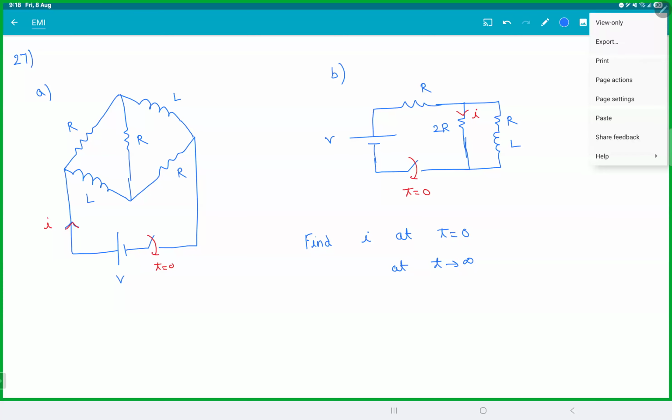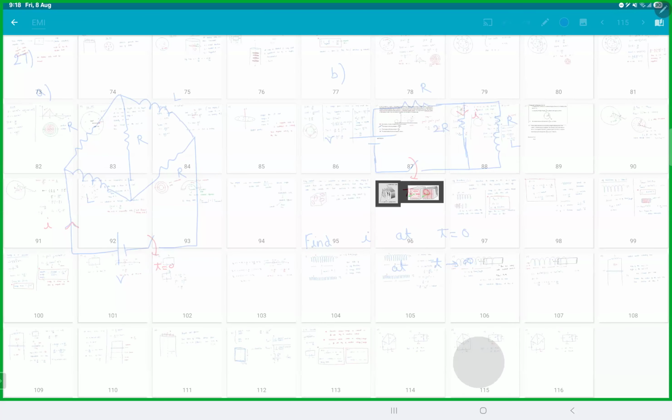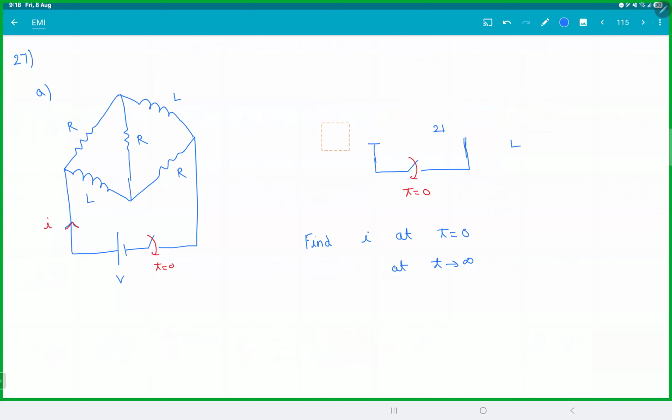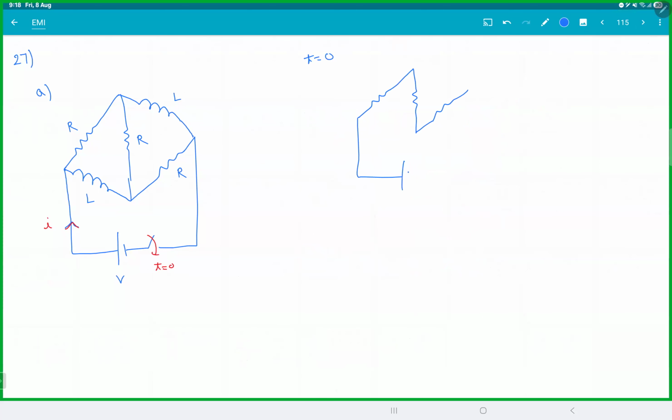Fine. Let's see the first one. At T0, inductors will act like open circuits. This is how the circuit will become. All will be in series.